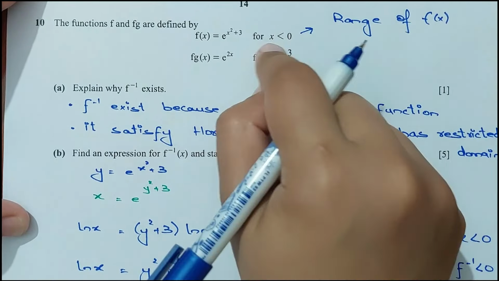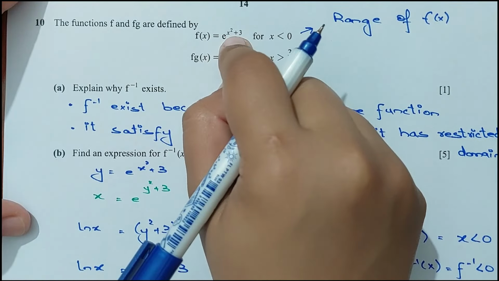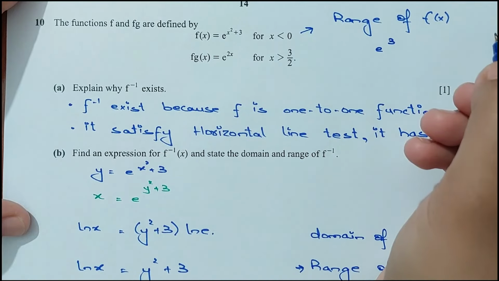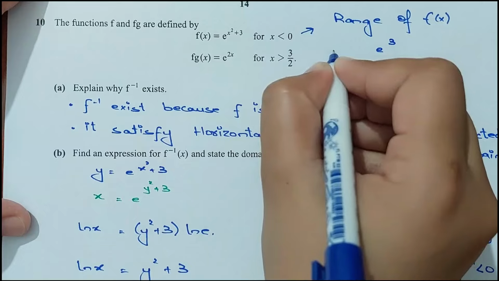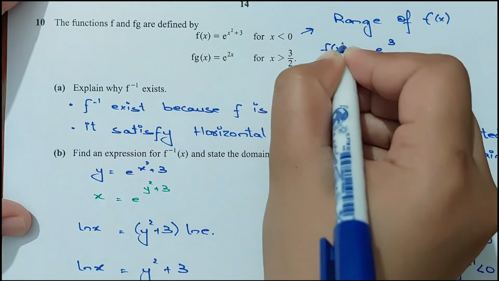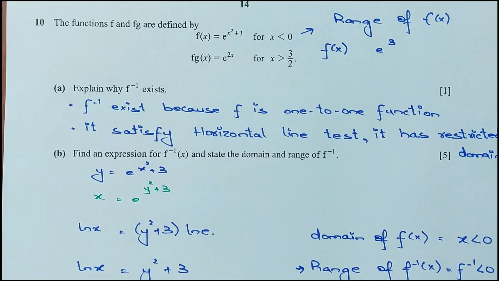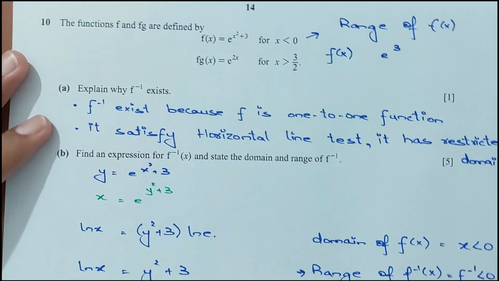Let me solve for the range of f of x. For the range, x is less than 0. If I put x equals 0, it means e to the power 0 square plus 3, which is e to the power 3, right? So we can say f of x is less than or equal to e to the power 3, or greater than or equal to it. For x less than 0 we have minus 1, minus 2, minus 3, and if we take negatives, the square becomes positive.